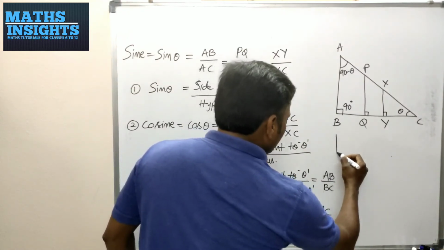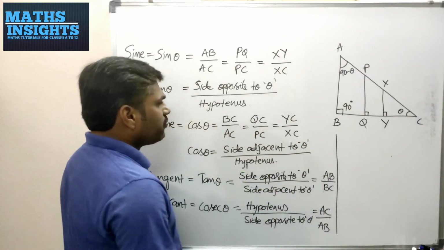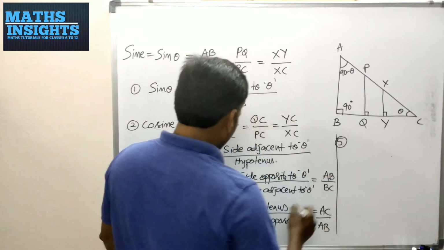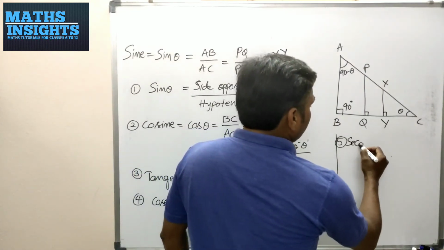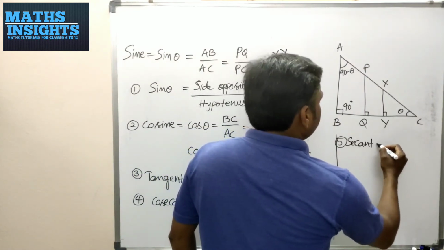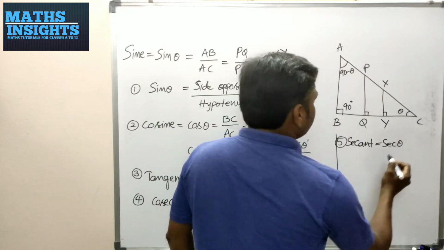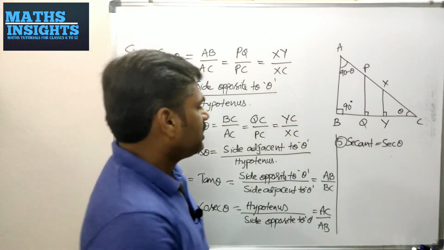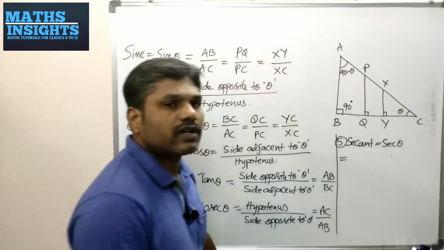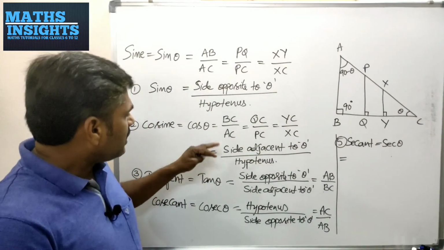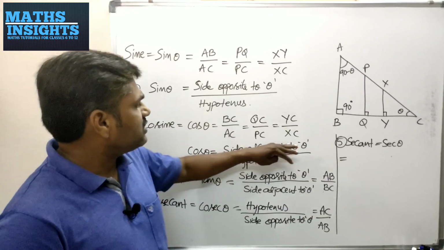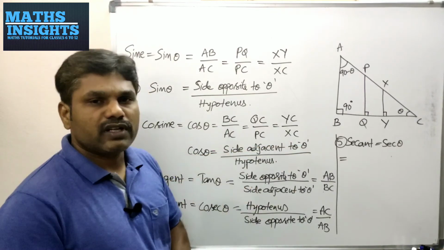And coming to the fifth trigonometric ratio, that is secant theta. Secant is simply written as sec theta. So it is also the reciprocal of the already defined cos theta. Cos theta is defined as the side adjacent to theta by hypotenuse.